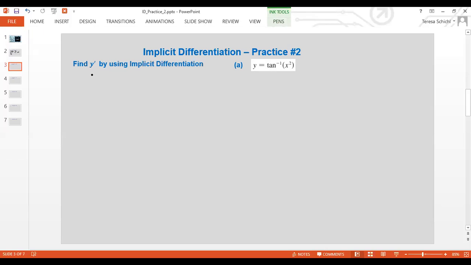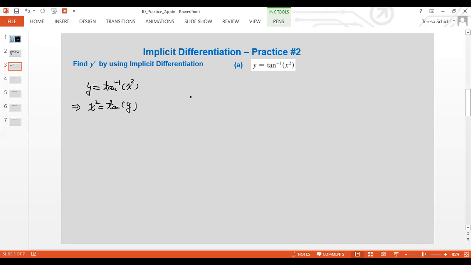Like I said, if you know how to use the implicit differentiation concept, in fact, you don't need to remember a bunch of formulas. So this is y equal to arctangent of x squared. What does that mean? Just like we did in the review, x squared is equal to tangent y.